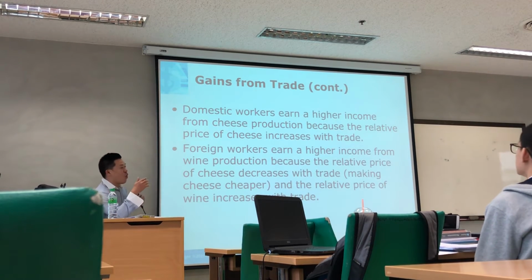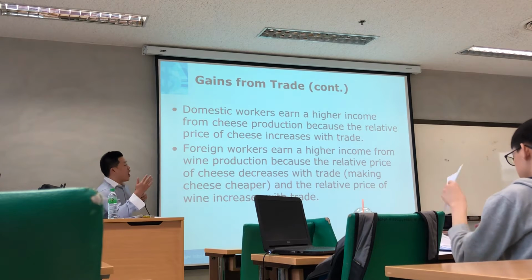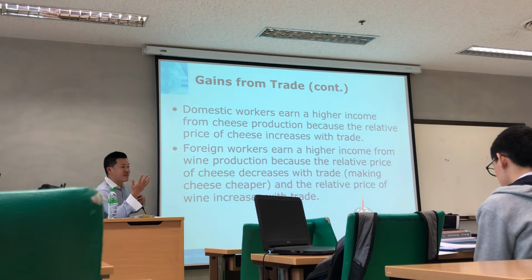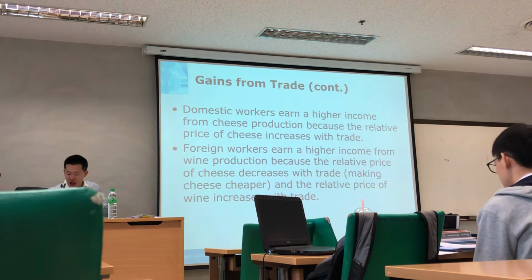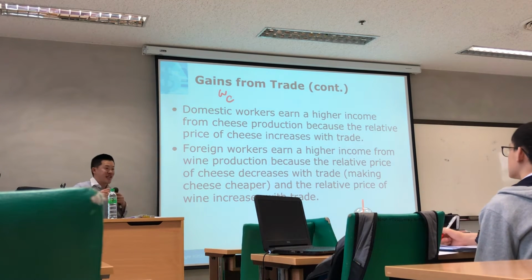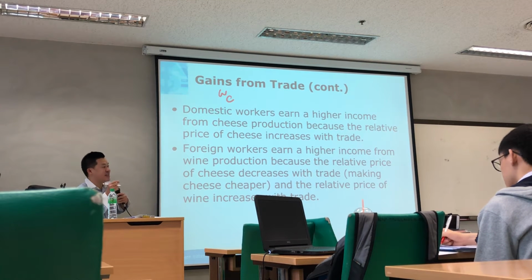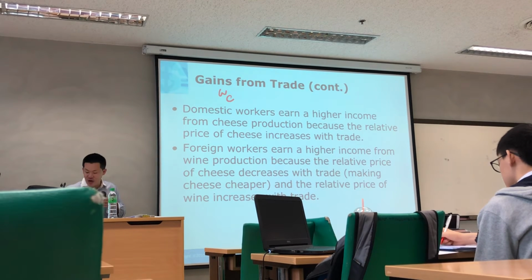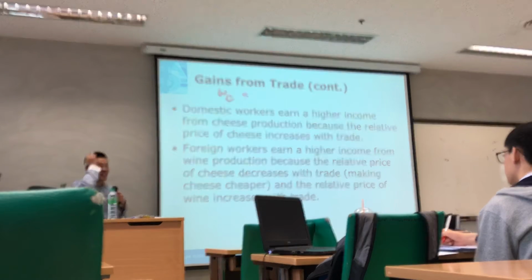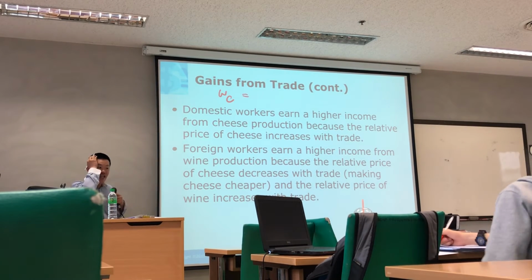And as I said, when open to trade, wage in home and foreign increase. So what is wage in home? Home produces only cheese, right? So wage in the cheese industry equals what? Wage is determined by price.